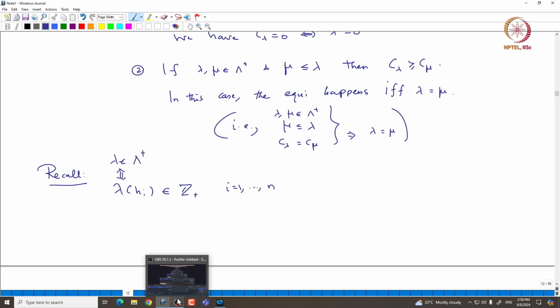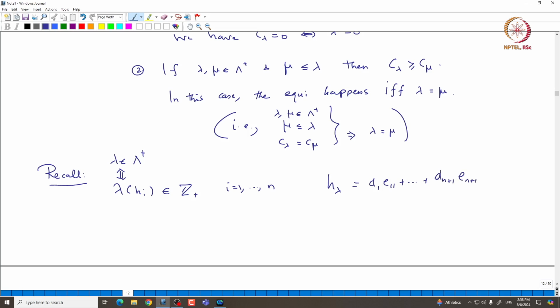Now, if you write this h lambda in terms of the standard basis, then lambda of hi, which is B of h lambda and hi, with hi being eii minus e i plus 1 i plus 1, is exactly di minus d i plus 1, which is a non-negative integer.